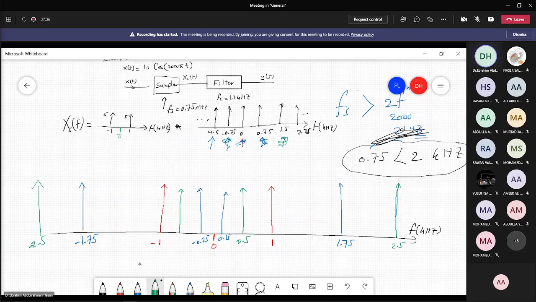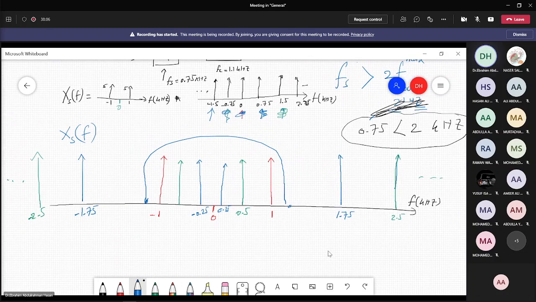Of course, to continue here, my cutoff frequency at 1.1 kilohertz means that here. So if I pass all these, this is of course Xs of f. So what do we get?